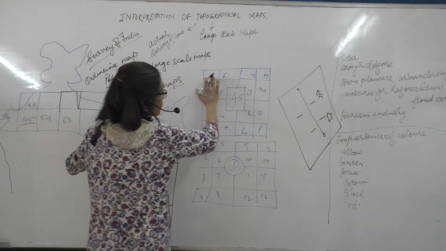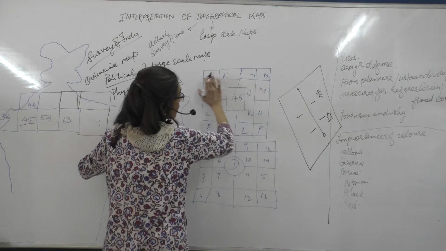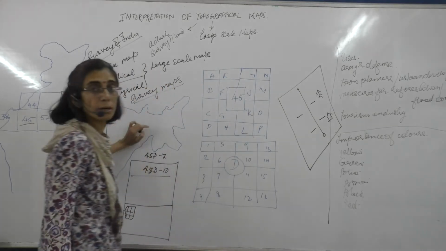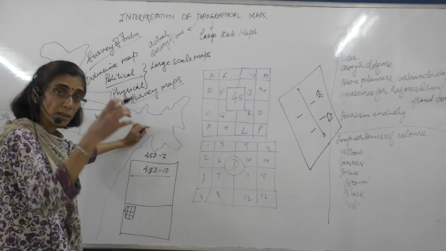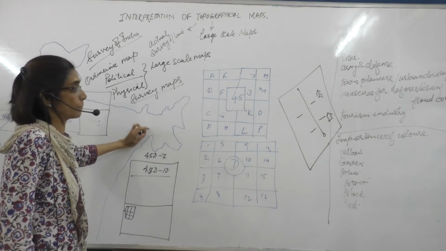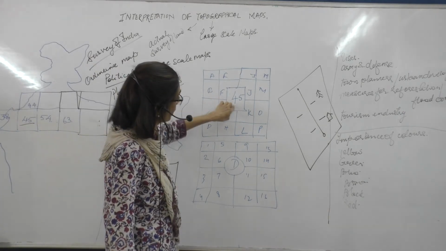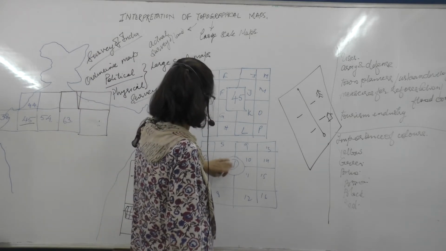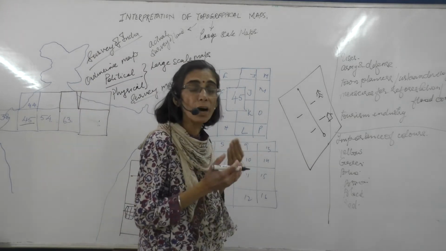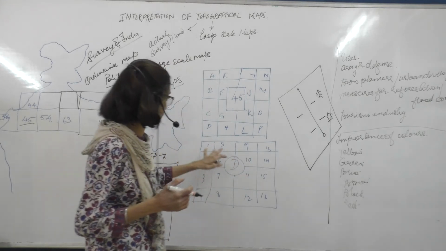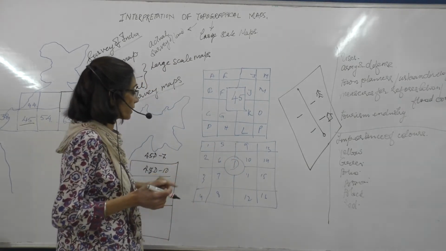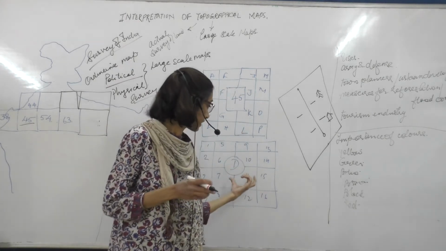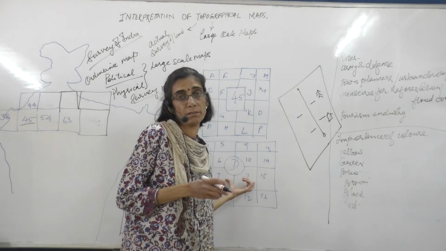They have made almost 16 more such maps where more minute details are there. And then this 45D is further divided into 45D1, 45D2, and so on. That means the scale has become still larger and the details are much more.